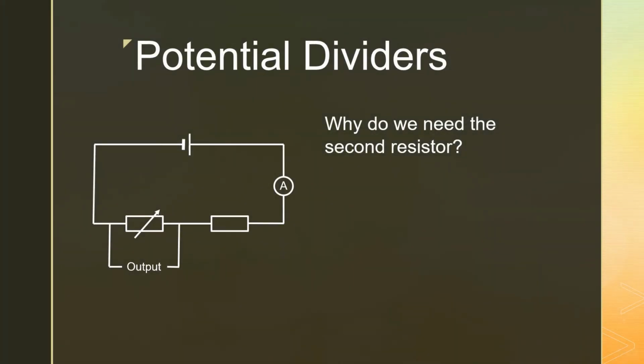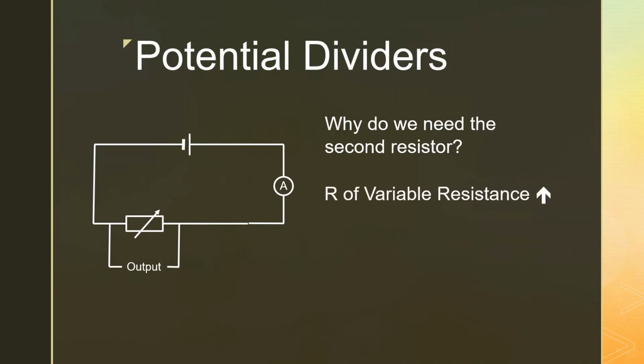Okay, so the question is, why do we need this second resistor? Well, let's look at what happens when we get rid of it. So now, if that's not there, both the cell, the variable resistor, and the output are all in parallel. So if they're all in parallel, the PD across all of them has got to be the same.